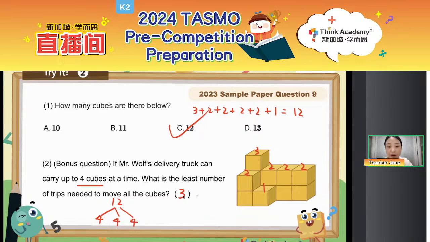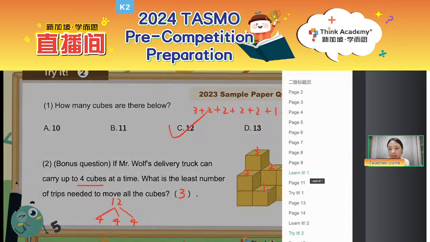Just now we learned how to count the cubes together, right? So after we know how to count the cubes, we also know if we want to move 3 or 4 at most each time, we need at least how many times to move all of the boxes. We just need to first count in total how many cubes there are and then do the question.